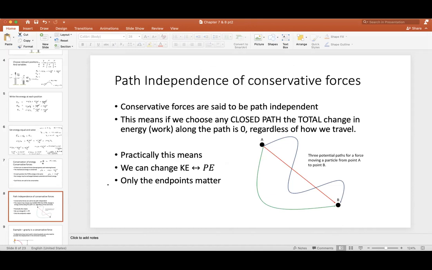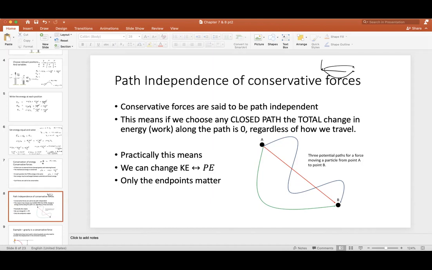This might bug you a little bit because you've learned area under the curve and stuff, right? What we're saying is that no matter what path we take, if we go under or over, it doesn't matter.